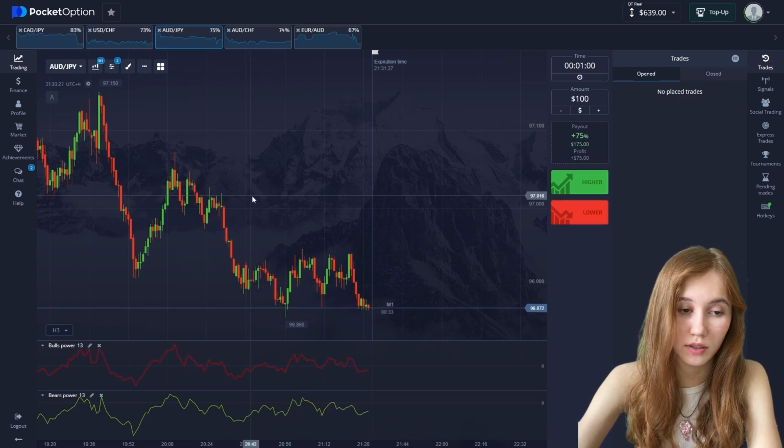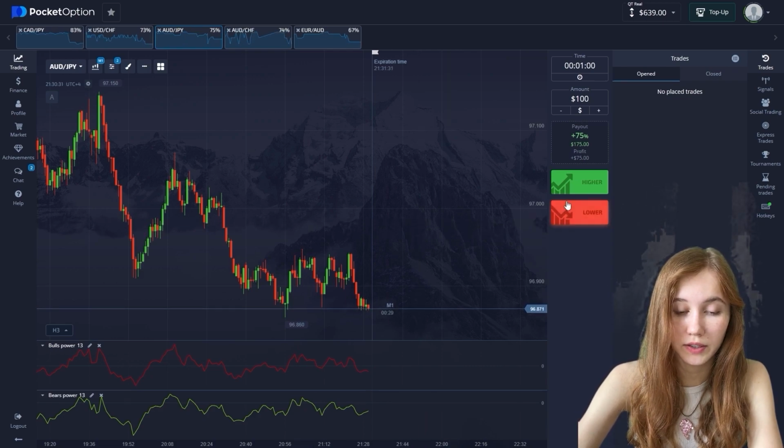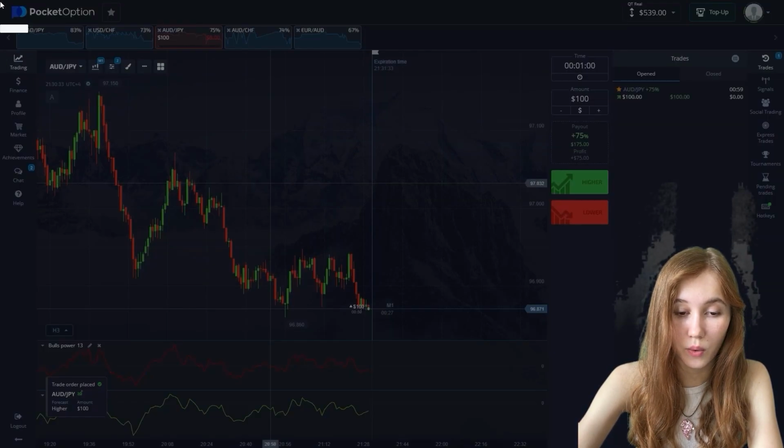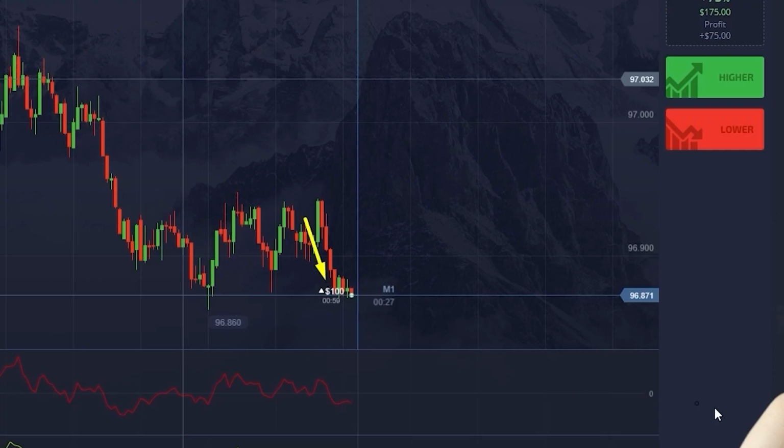Let's open a deal and we start our technical analysis. So yeah, we have a general downward trend, but we have reached a certain minimum, and currently it's more likely that there will be at least a small reversal, but still a reversal.